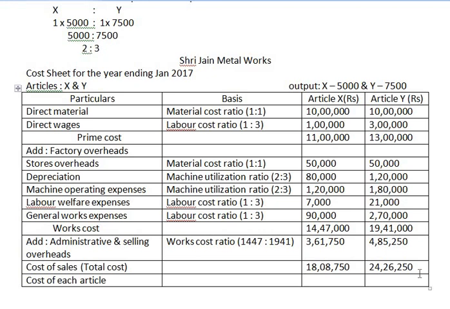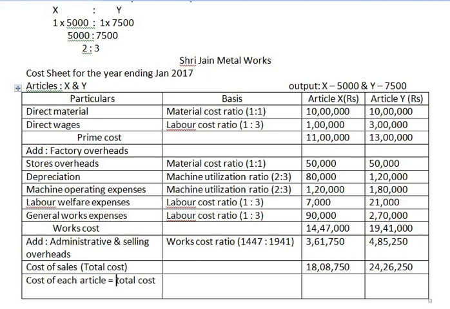Now, total cost divided by output or number of articles produced. So if you want you can write down the formula, that is total cost divided by output.